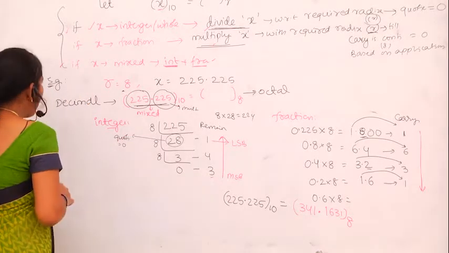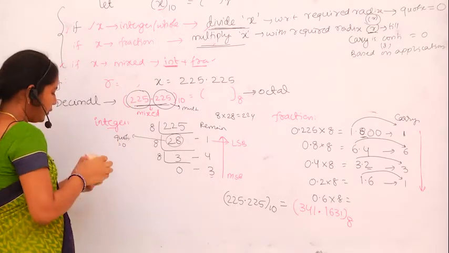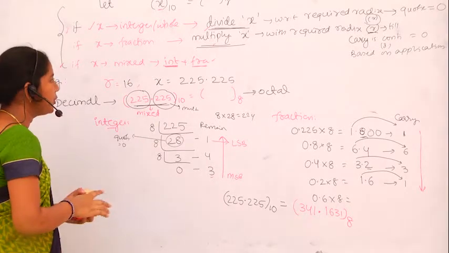For the next, I will change this radix value with the same number, 225.225.